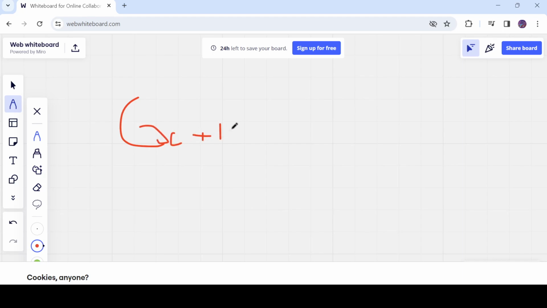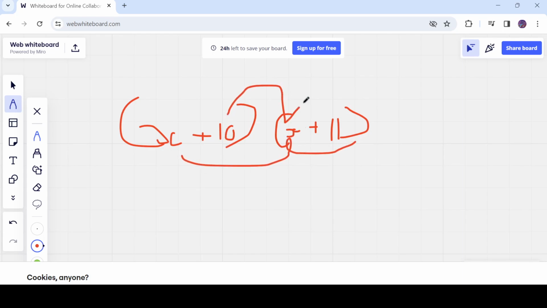Anyway, (x plus 10) into (x plus 11). How are you going to solve this? In this case, they're both treated as one term. So that means x will be multiplied by x and 11, but 10 will also be multiplied by x and 11 and will be added together.